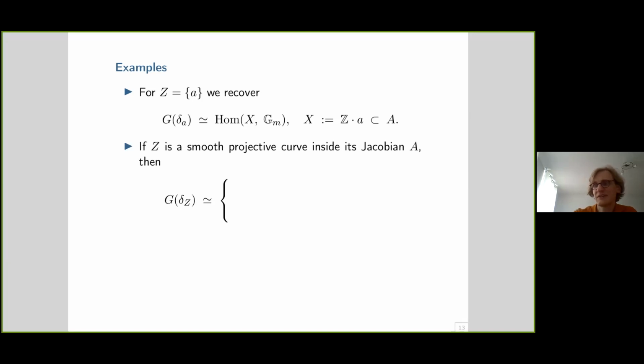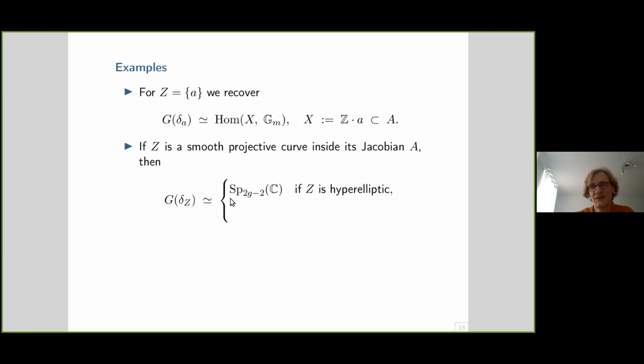But there are more interesting examples already for curves. If you take a smooth projective curve inside its Jacobian, then this group can be computed, and it's a classical group. If the curve is hyperelliptic, then its image under the Abel-Jacobi map to the Jacobian is essentially symmetric under the -1 involution.